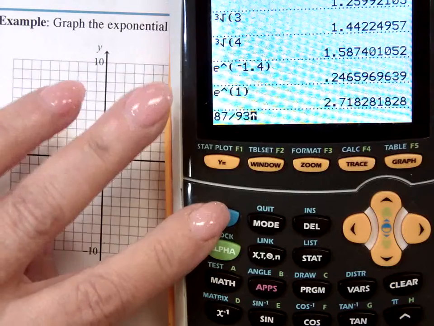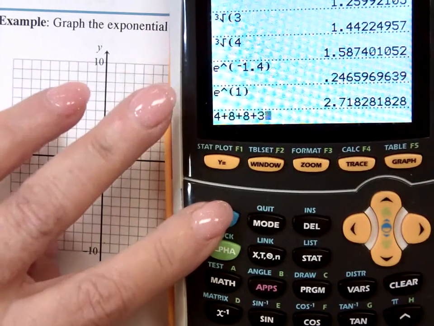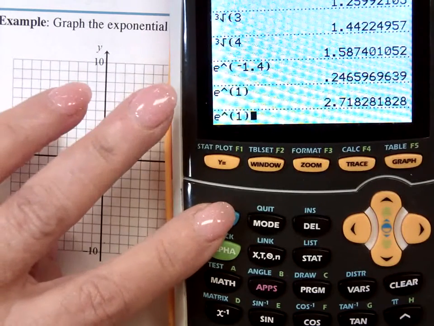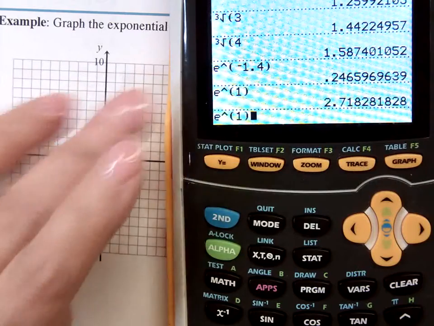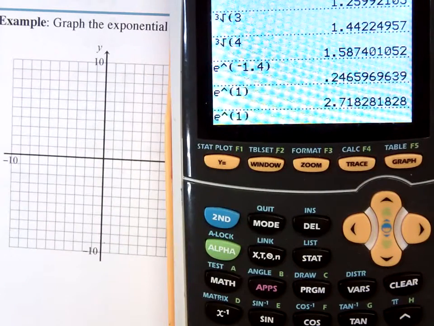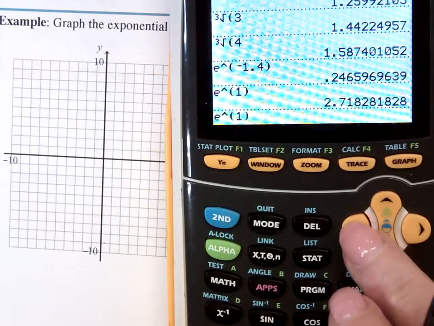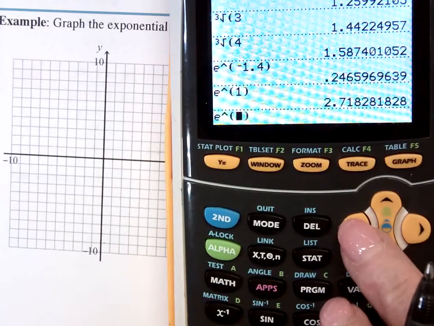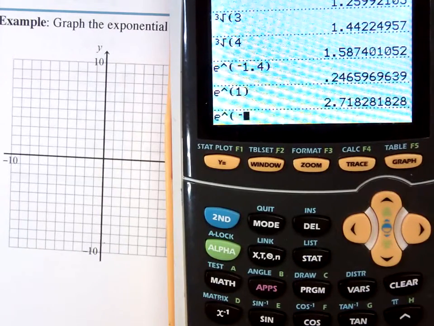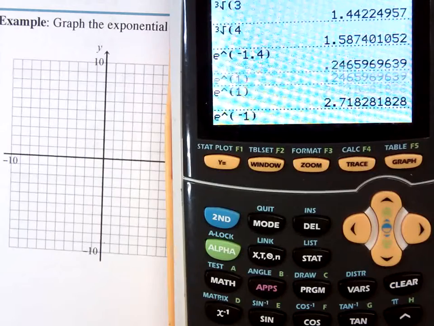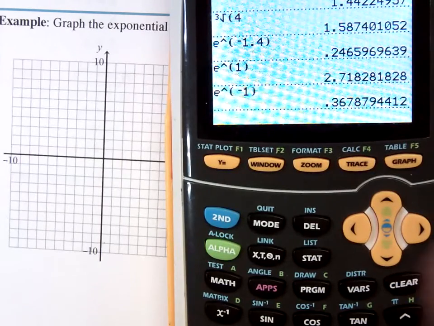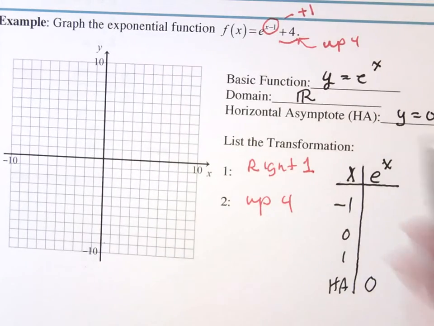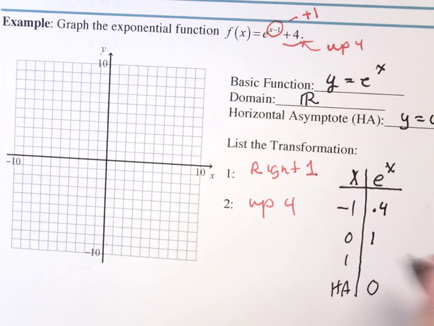See, there's quite a bit in there. Some of your newer ones actually allow you to scroll up. So there we are. We're back to where I started. And then I just can go in there and edit this, and I want negative 1. And approximately 0.4. That's good enough. e to the 0 is 1. e to the 1 is e. That's 2.7.